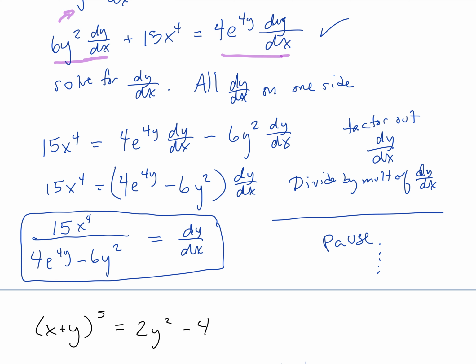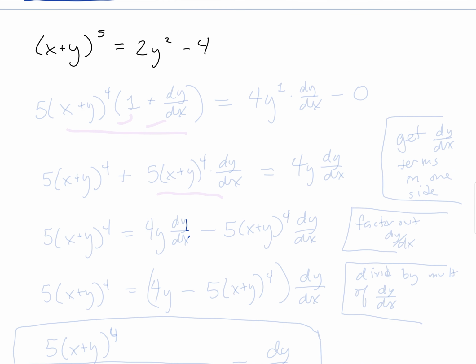Again, we're going to take the derivative of both sides with respect to x, assuming y is a function of x. So the derivative of x plus y to the fifth, we're using the chain rule there, and that is 5 times, leave the inside alone, x plus y to the fourth power. Now we need to multiply by the derivative of the inside. The derivative of x with respect to x is just 1, plus the derivative of y with respect to x is dy dx.